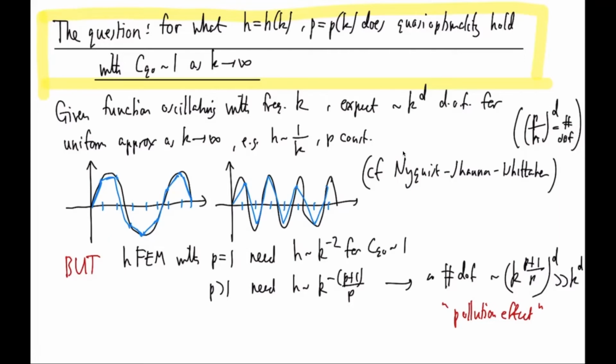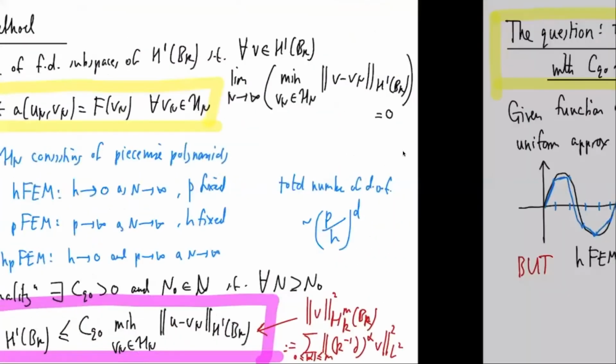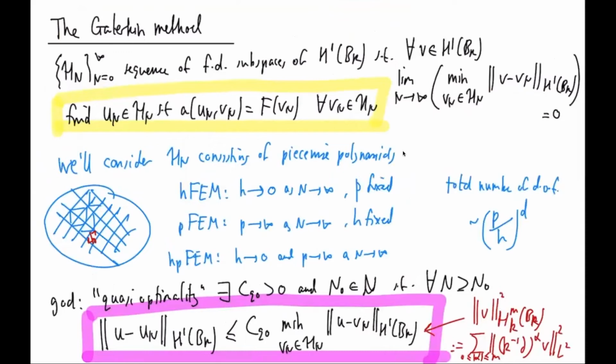The intuition was coming from the idea of approximating functions only, rather than actually finding the solution. Yes, good. Another way to think about it is this best approximation error, the smallest possible error you could hope for in approximating your solution U in the space. This is controlled when h is 1 over k for p fixed.